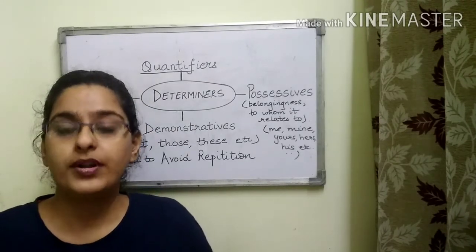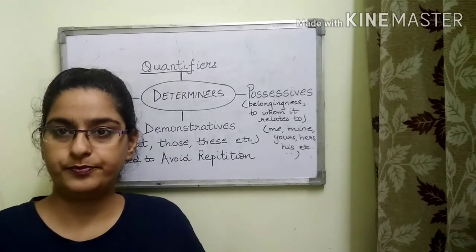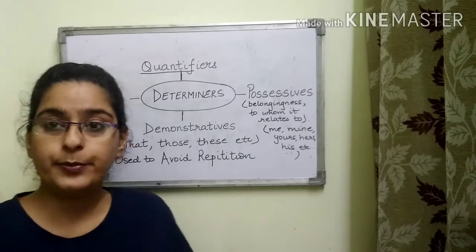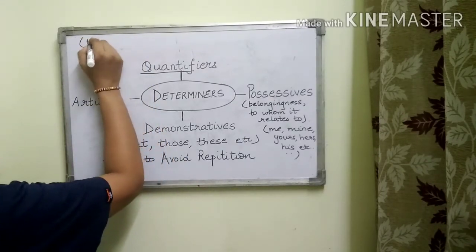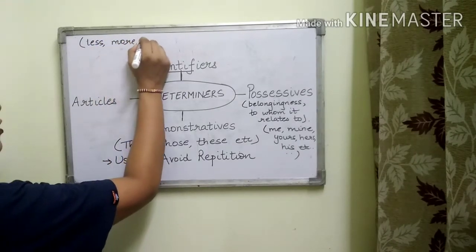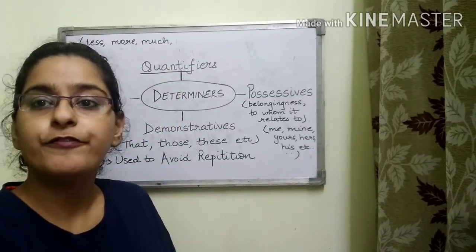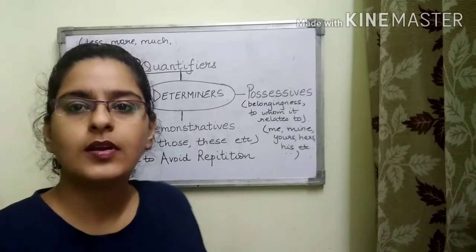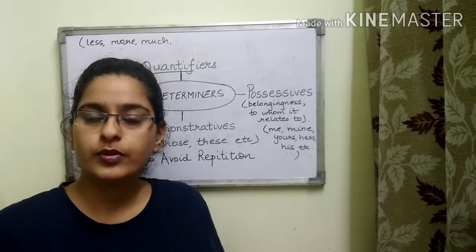So when I say quantifiers, I'm telling about the quantity of a noun. For example, there are so many: less, more, much, few, little, some.